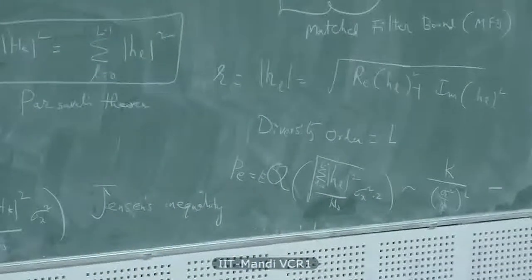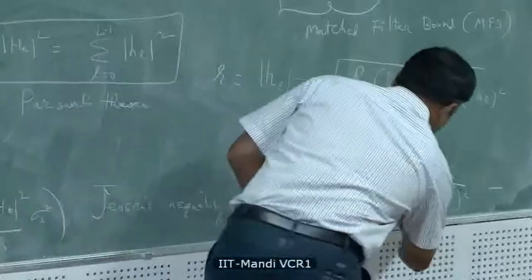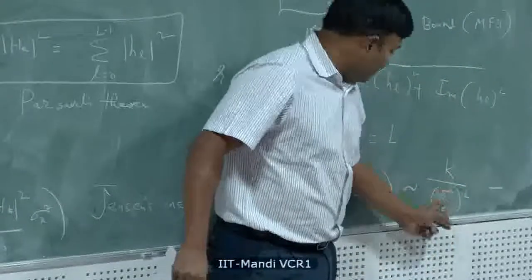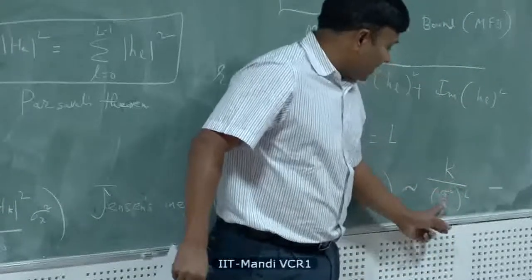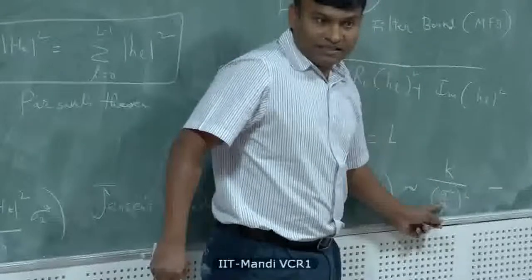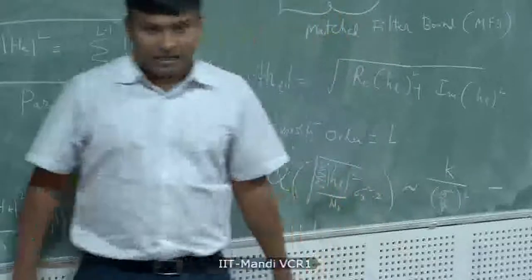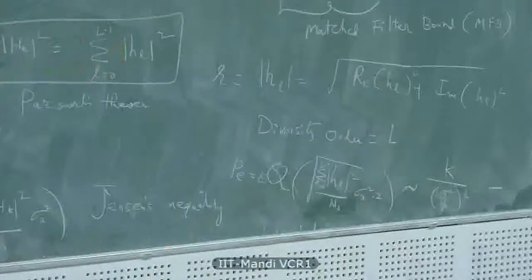We don't have time to derive this, but if you carry out this expectation, the probability of error is some constant k divided by sigma x squared by N naught, which is the SNR of the channel without fading, raised to L. That exponent L is called the diversity order.